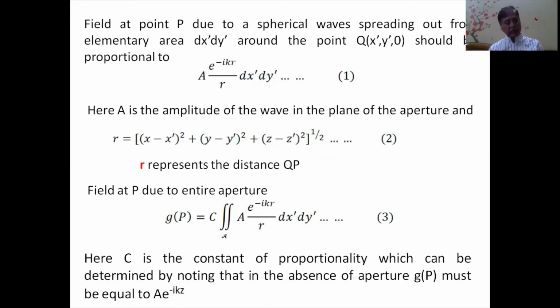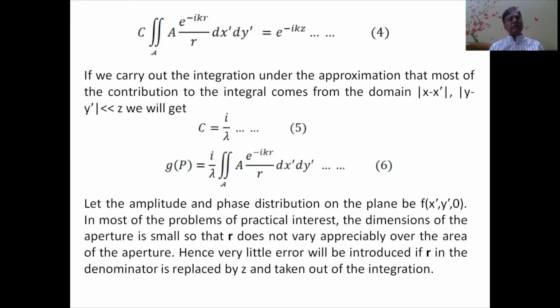So, C is the constant of proportionality, determined by noting that in the absence of aperture, the field at point P must be equal to A e to the power of minus i k z. So C double integral over the aperture A exponential minus i k r by r dx dash dy dash should be equal to A e to the power of minus i k z.